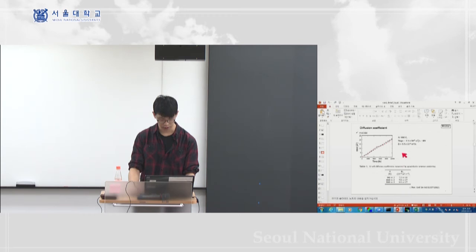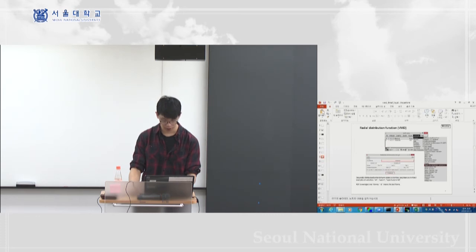And then you can calculate the self-diffusion coefficient from this MSD data, the slope.